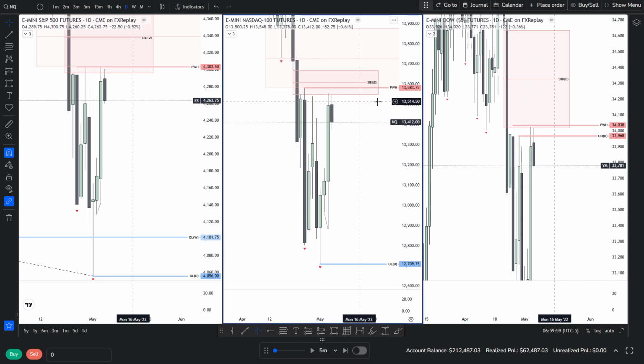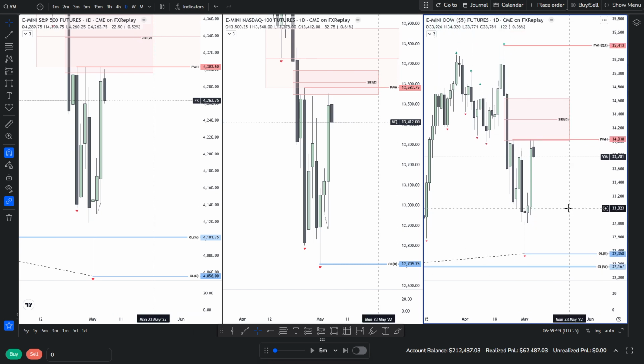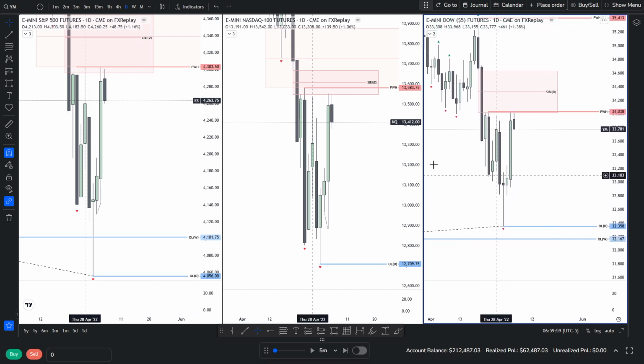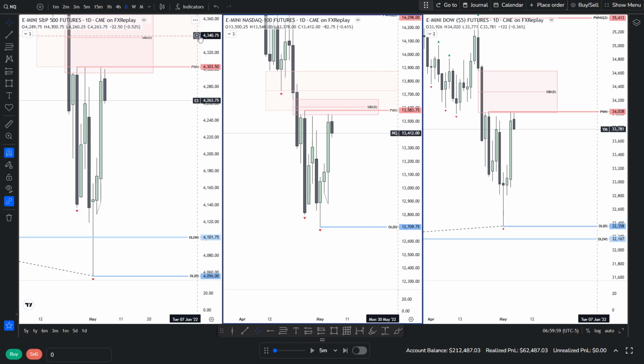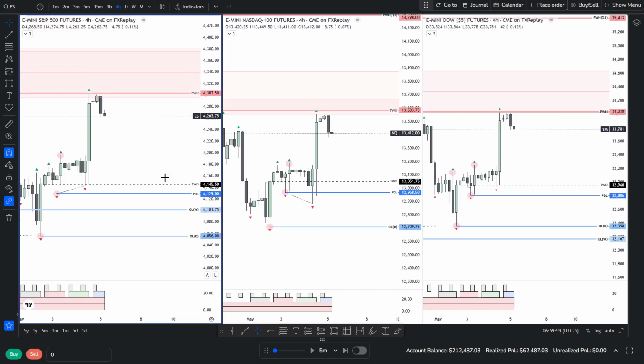Going to remove that daily high. Okay, and we're going to go to the 4 hour.